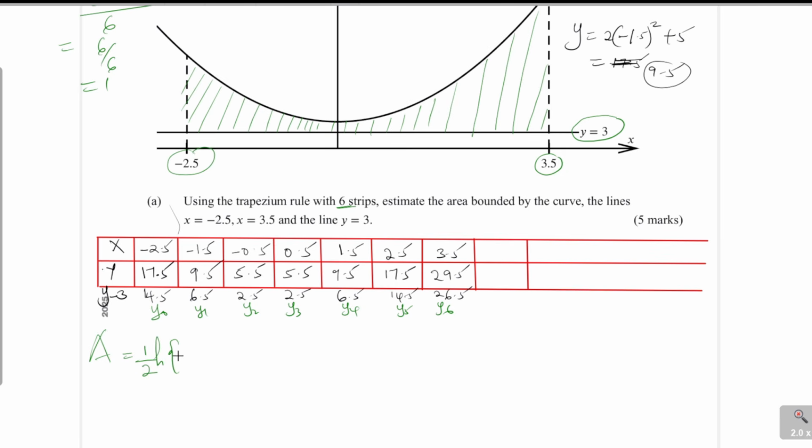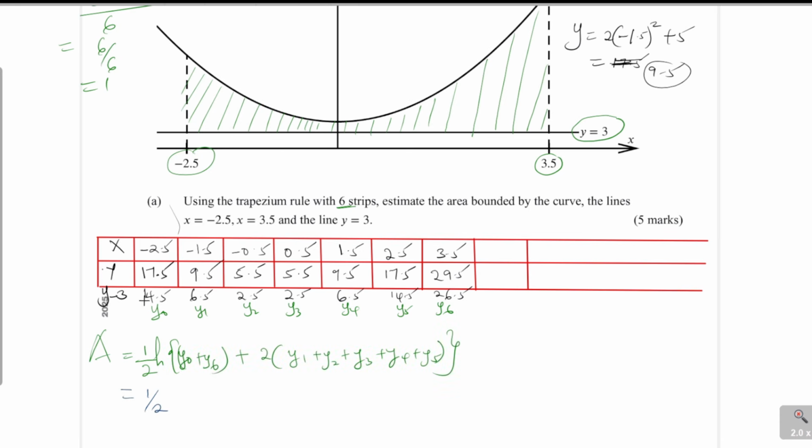Half height, then the first height and the last height. In this case, the first is y0, the last is y6, plus twice the sum of all the others: y1, the middles, plus y2, plus y3, plus y4, plus y5. So this will give a half.